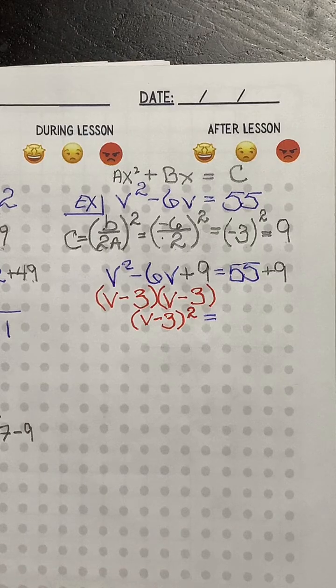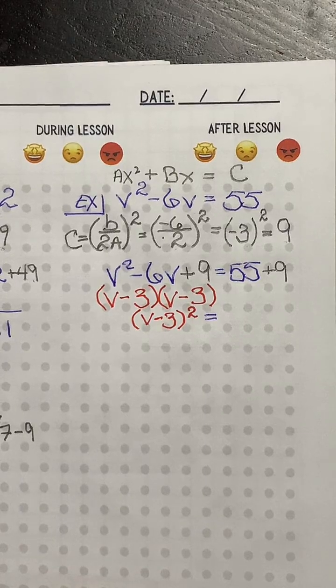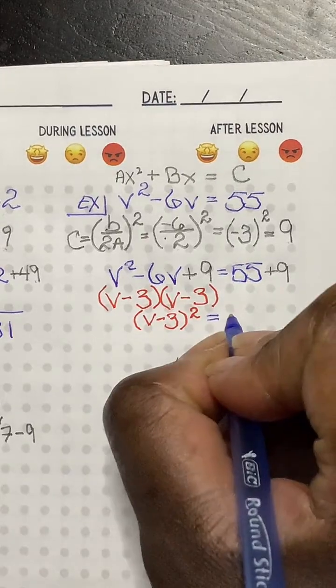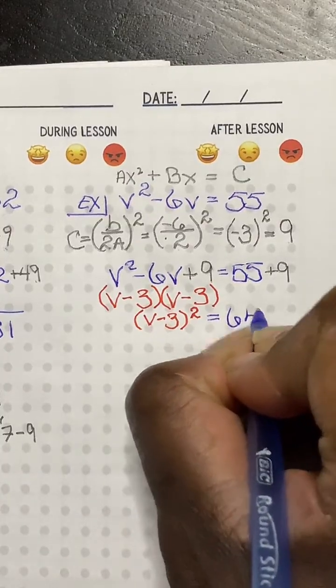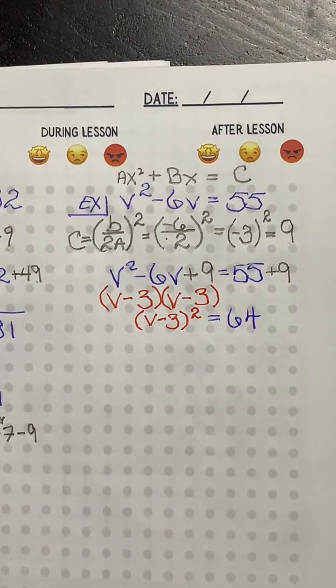Yes, but we're solving it right now using completing the square. Okay, so we got 64. So this is going to equal 64.